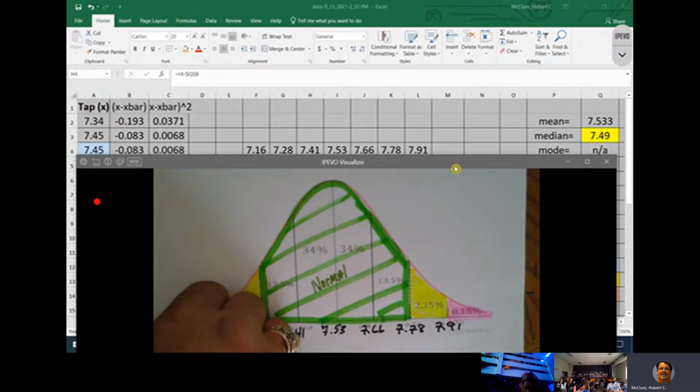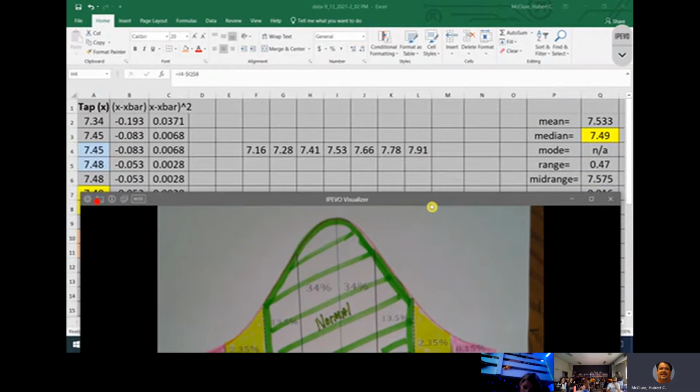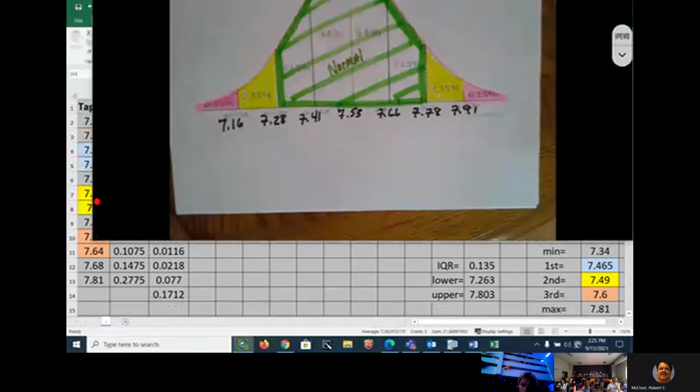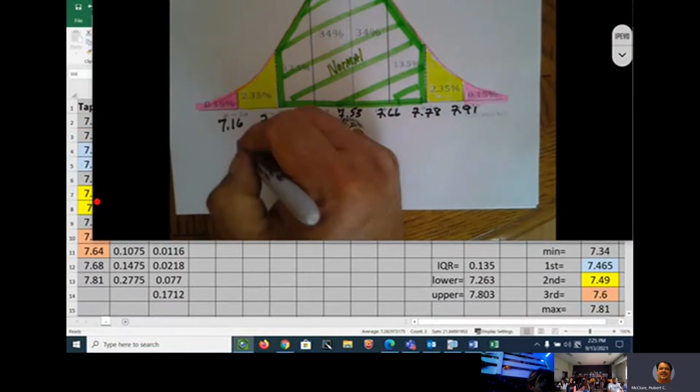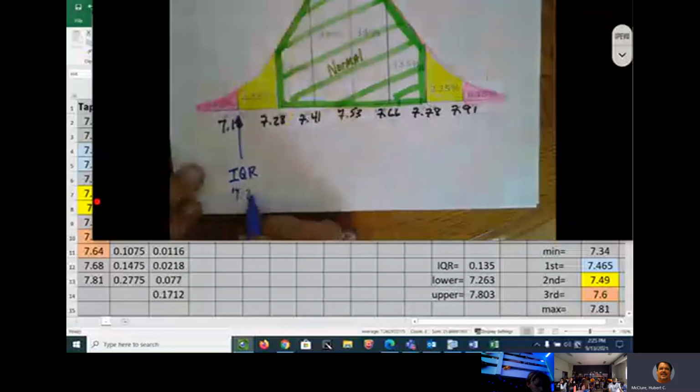There you go. Now, there's another way to check for an outlier, and that is the interquartile range. The interquartile range says that number should be 7.26.